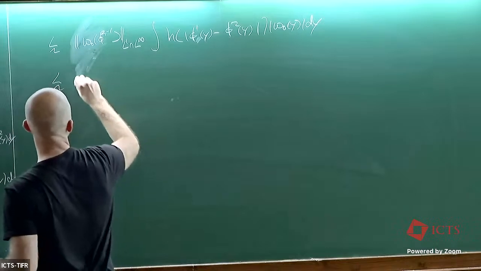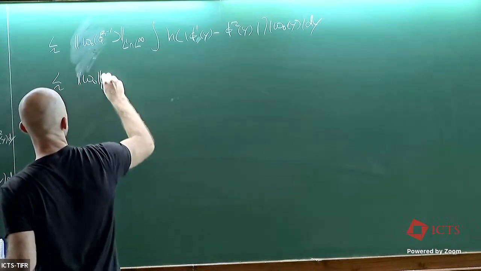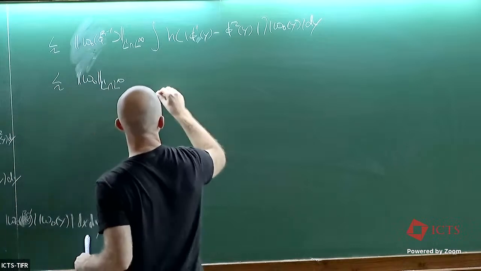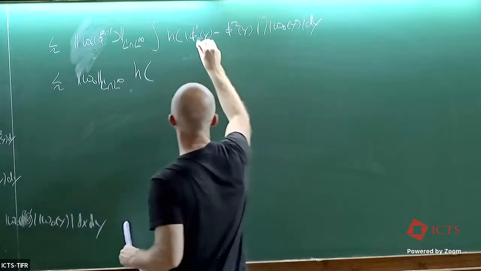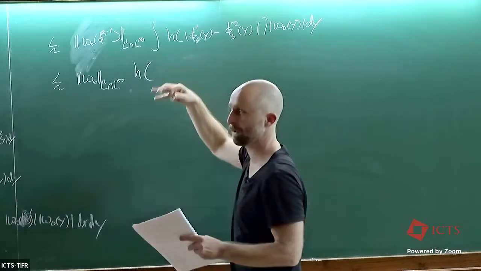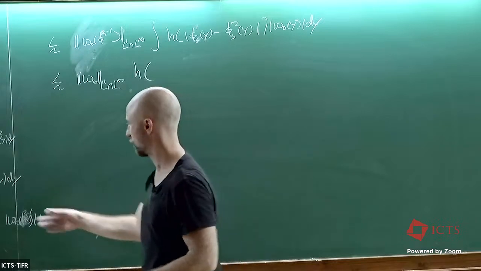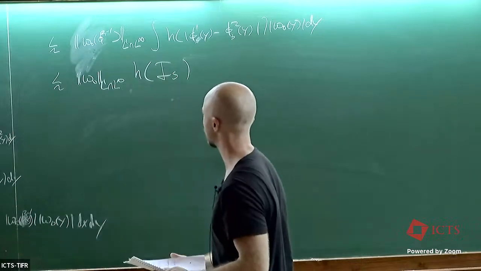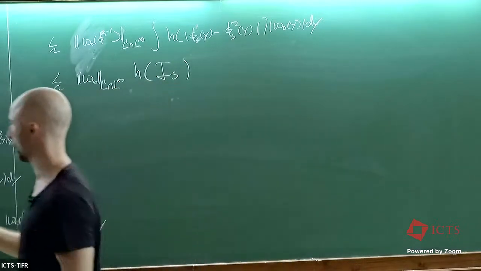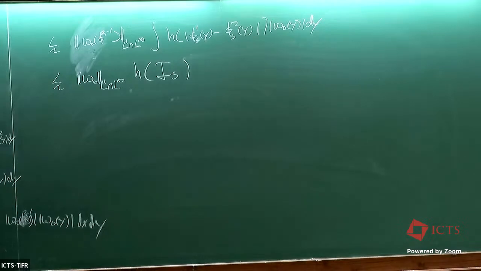That's what we saw. This is just the initial value, L1 intersected L infinity, and we're left with h. And exactly what do we get? Of course, there's a time variable here that I didn't bother writing down, but of course, everywhere there's time. And we're left with exactly IS. Okay, and now you integrate all of this with respect to time. This will give you exactly the second part here, integrated with respect to time. It gives you exactly this.